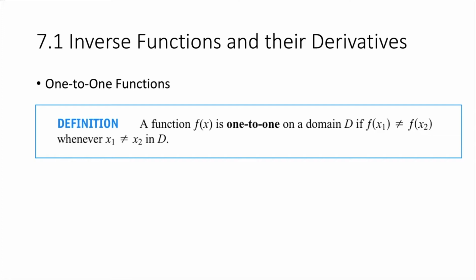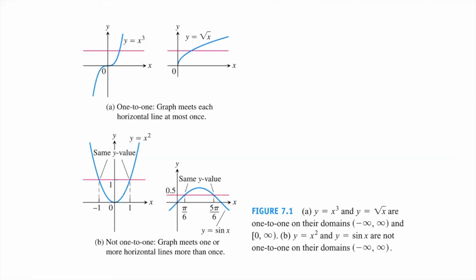So here are a couple of pictures. In these top two pictures, you see two examples of functions that are one-to-one. So notice that if you were to pick two different x values on this graph, you would get two different y values. So for example, this x value right here would give you a y value that's down here, while an x value over here would give you a y value up here.